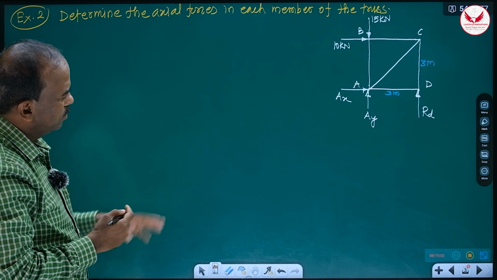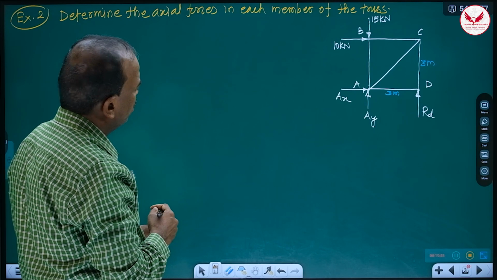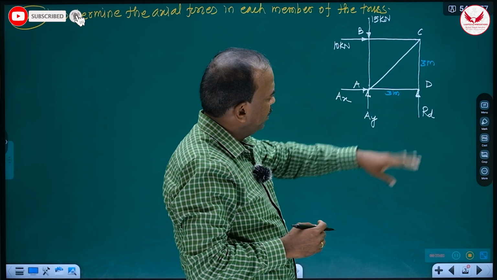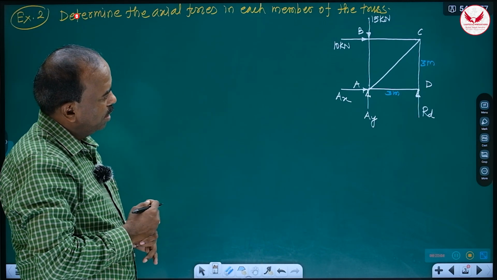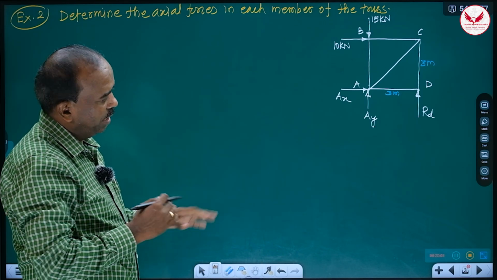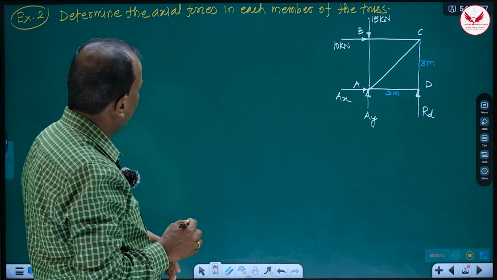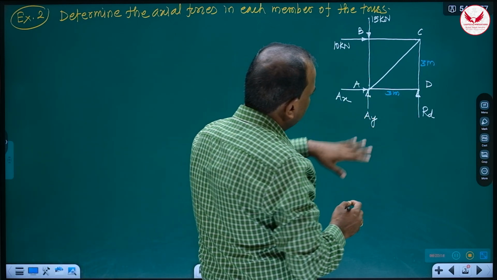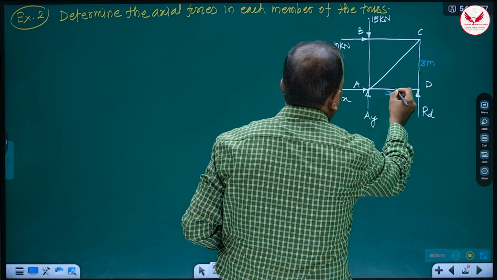So again, always in the truss, I'll always tell, if only 3 members including external force are meeting at a point, and out of those 3 members, if 2 are collinear, then the force in the third member is always 0. Means in this example also, just simply by observation, I can tell the force in the member AD is 0.